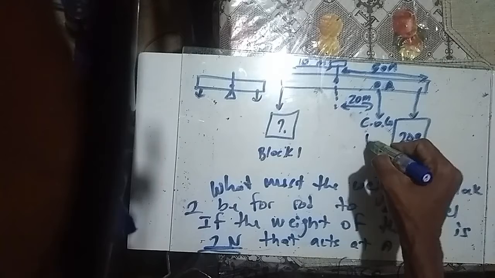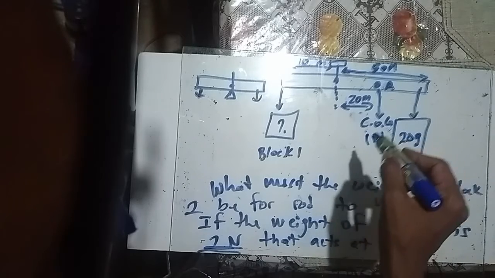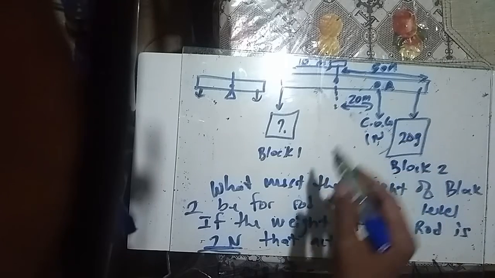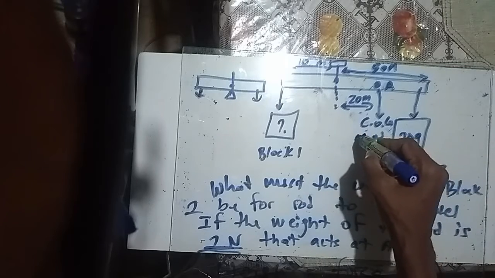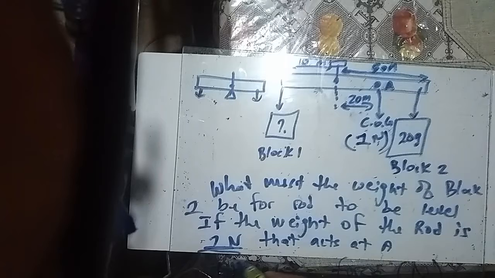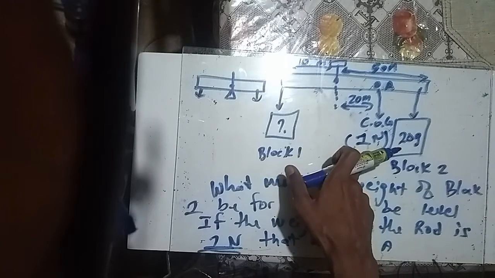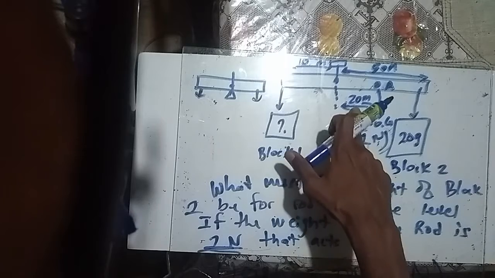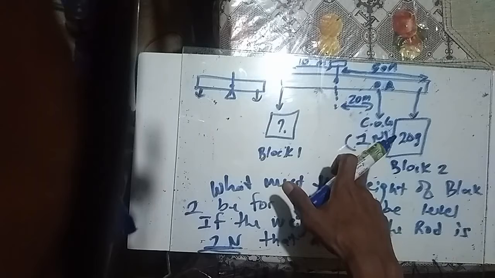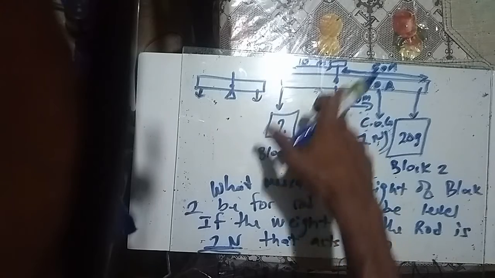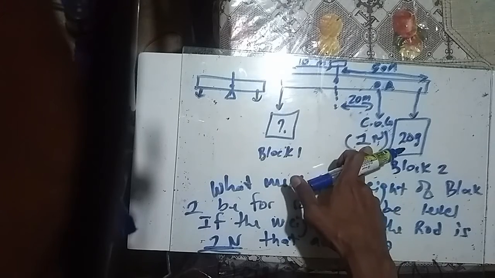And I know that 1 Newton force, which is what weight is measured in, is 20 meters away from the pivot. Therefore, I can calculate a moment about that 1 Newton force.